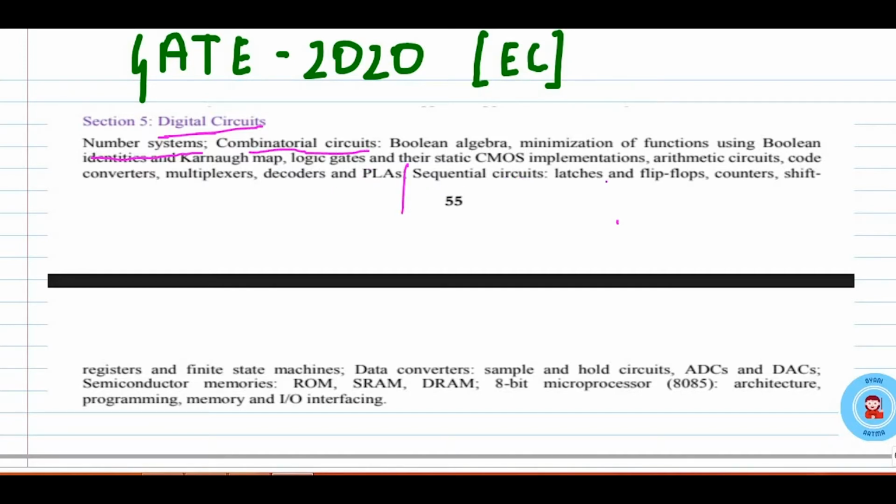Then came sequential circuit, up to here. Then a new chapter, data converter, going up to the last line over here. Then the next chapter, semiconductor memories, came up to here, and this is the last chapter.